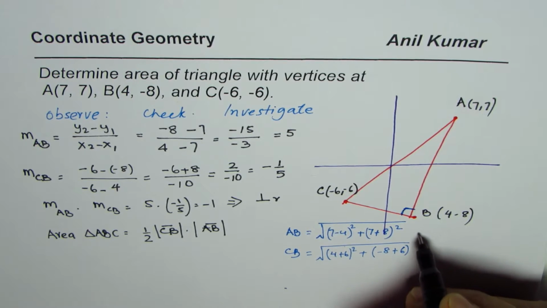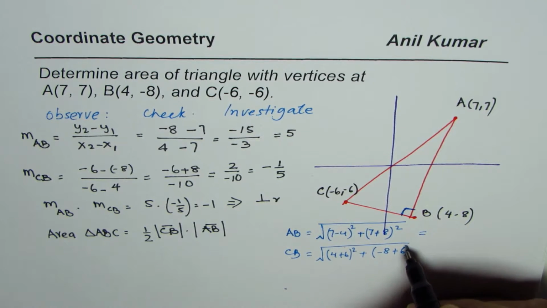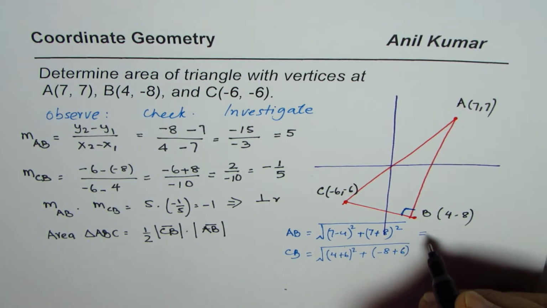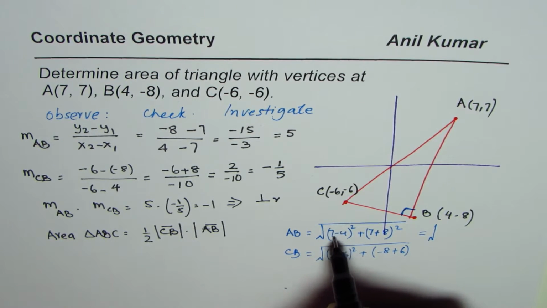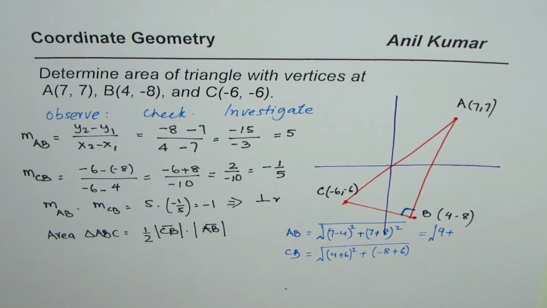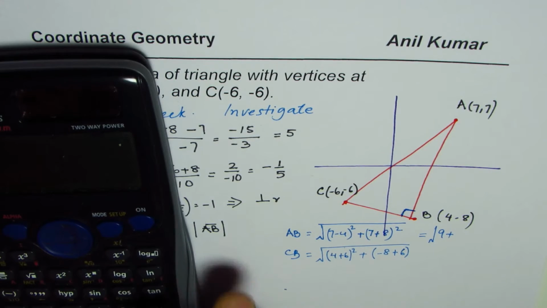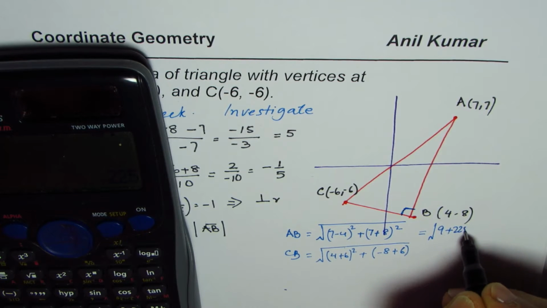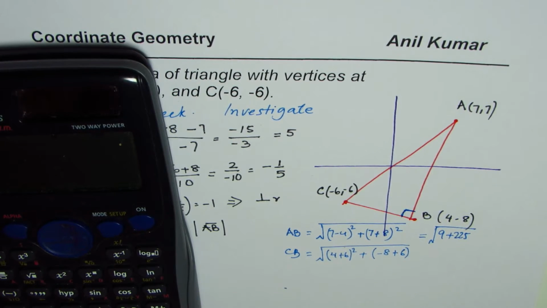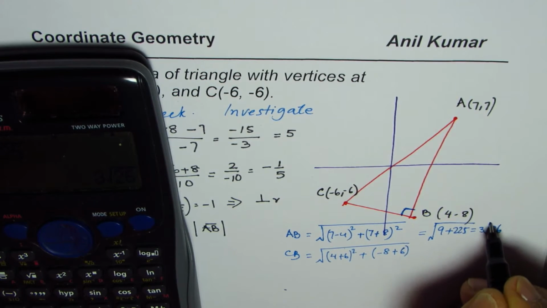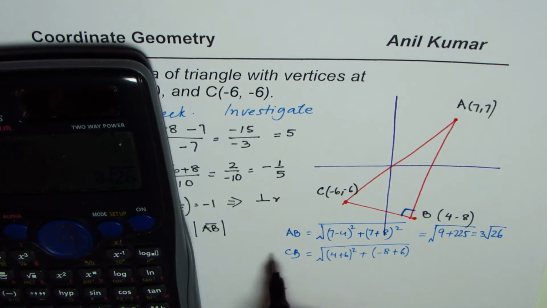And the length CB will be the square root of (4 + 6) squared plus (-8 + 6 ... i.e. -8 minus -6) squared. At this stage you can use the calculator and find the answer. 7 minus 4 is 3, 3 squared is 9, plus 7 plus 8 is 15, and 15 squared is 225. Adding 9 plus 225 gives the result, which is 3 square root 26.